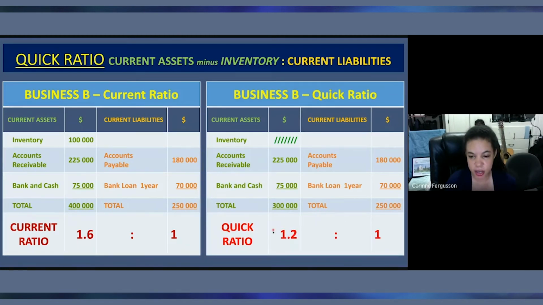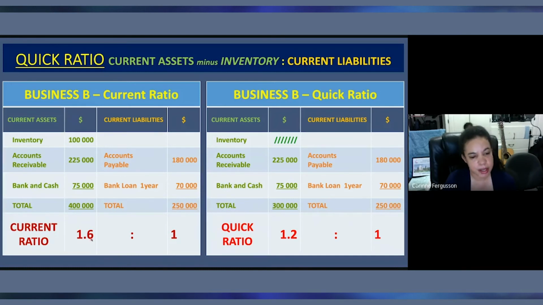You got your answer as 1.2 when you divided 300,000 by 250,000, and then you add your colon 1, meaning that you have 1.2 quick assets or liquid assets to 1 current liability.